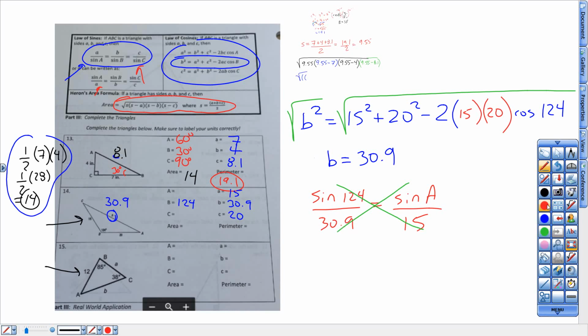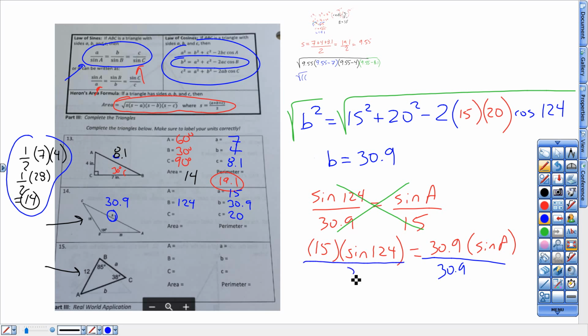and then you're going to have to inverse sine it. So one way when I multiply, I get 15 times sine 124. The other way, when I do it, I get 30.9 times sine A. So for this one, I gotta divide by 30.9. And then I'm gonna inverse sine this whole madness piece right here.